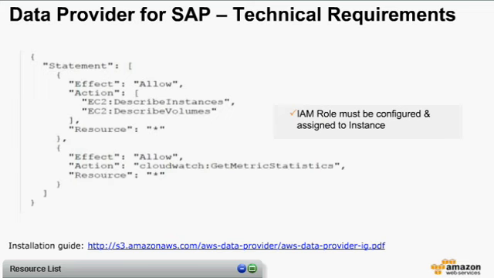It's also allowing read access to CloudWatch metrics. And this is basically all that's required from a permissions perspective, so it's very granular. There aren't any security concerns here. And this can be done very easily and should be done at launch time when you launch your instance. Again, more information is in the installation guide.